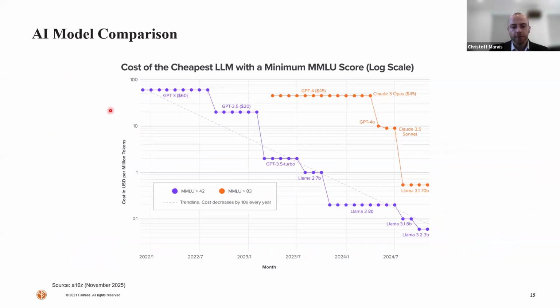is cost to inference. What inference basically means is the cost to run these models. As you can see, I got this chart from Andreessen Horowitz, from a16z. Basically what it shows is the cost to run, per million tokens, for a certain level of model.